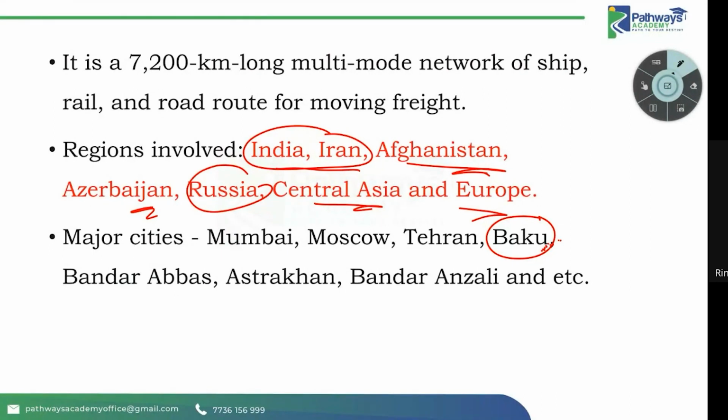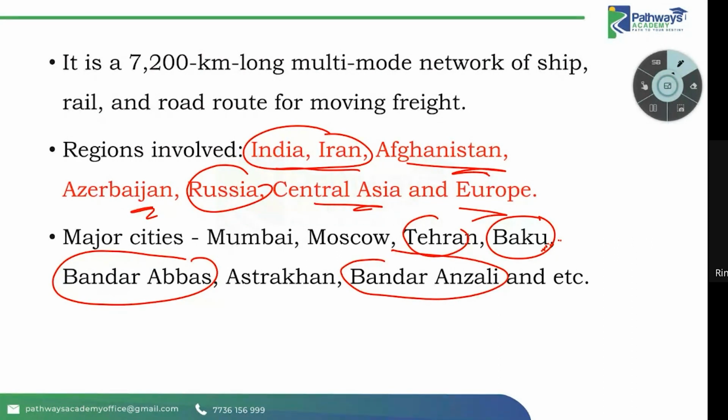Then Bandar Abbas and Bandar Ansari, and Tehran. These three towns are in Iran. Then Astrakhan.